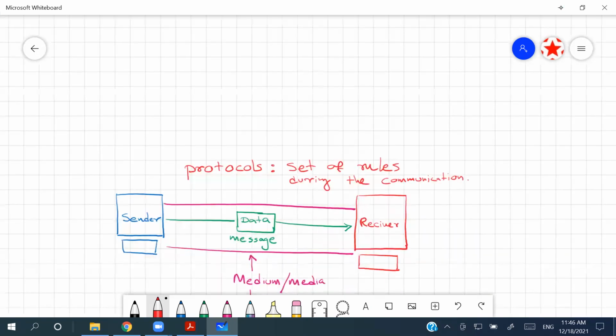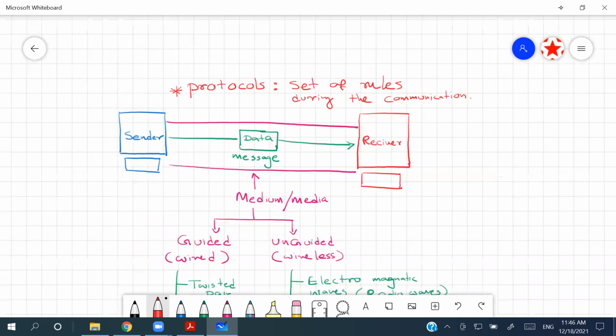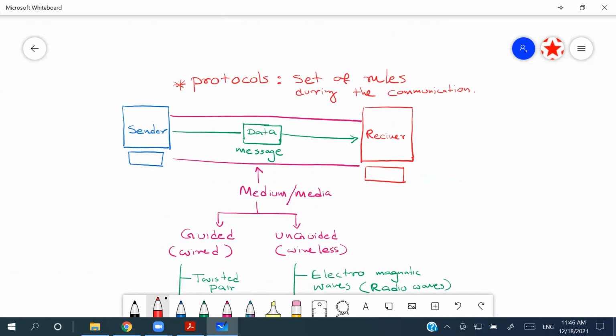That is something that is considered as the fifth element of the communication. So to fulfill a communication, you need a sender, a receiver, a message, a medium, and a protocol, right? I'll mark them. This is one, this is two, message is the third one, medium is the fourth one, and protocol is the fifth one.